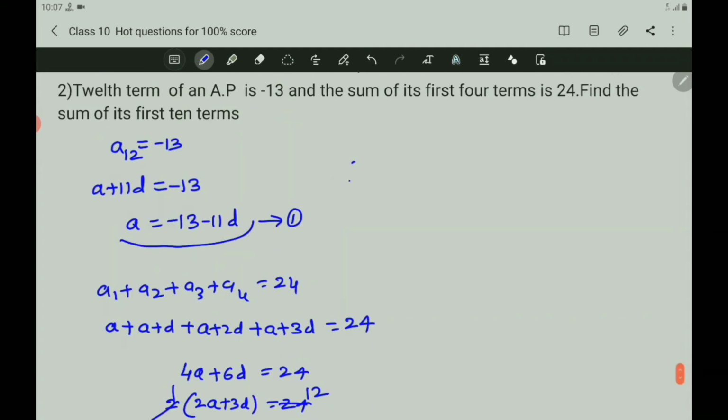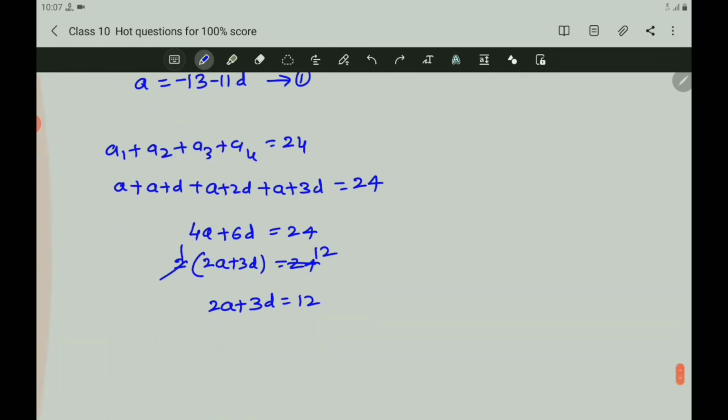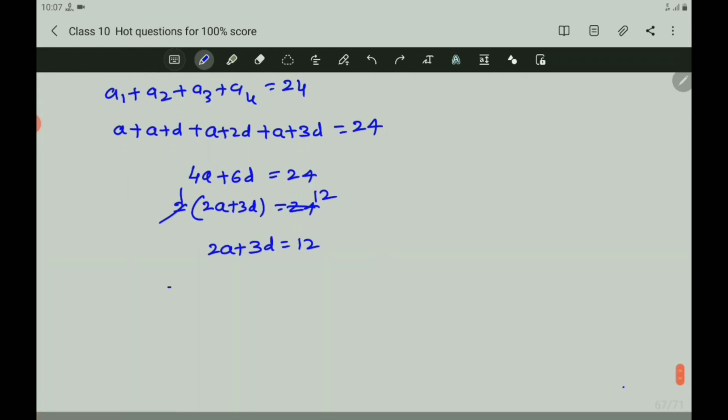Then write in the place of a, minus 13 minus 11d. So 2 into minus 13 minus 11d plus 3d equals 12. Here we have taken 2a equals 2 into minus 13 minus 11d, and in the place of 3d we have taken 3d only. Now 2 into minus 13 is minus 26, and 2 into minus 11d is minus 22d, plus 3d equals 12.